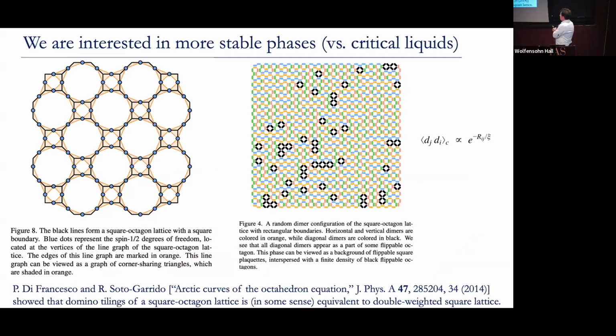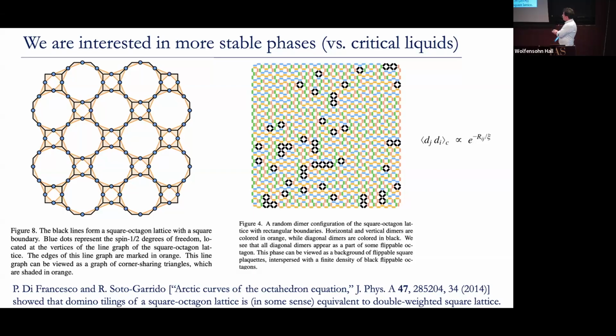For that, you need more complicated lattices, of which there is no shortage. Mathematicians have figured out how to construct dimer models where you get areas with exponential correlators. I likely will run out of time, so I'll say I actually couldn't find the spin liquid, but we could find something, I think, which is much more stable and interesting.